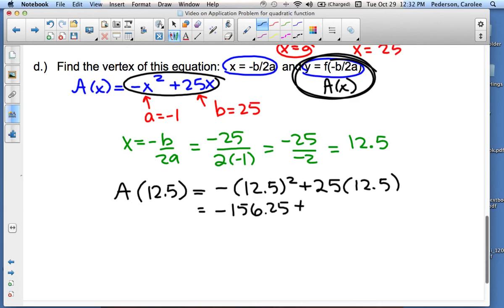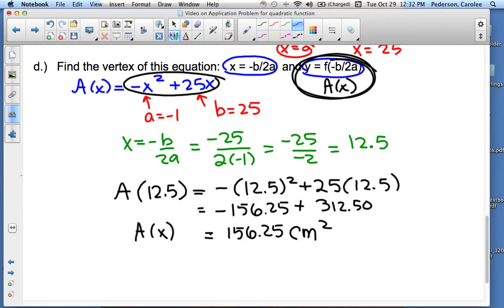And then 25 times 12.5 is 312.50. All right, so now we know our maximum area is 156 centimeters squared. And then this is our maximum width for x.